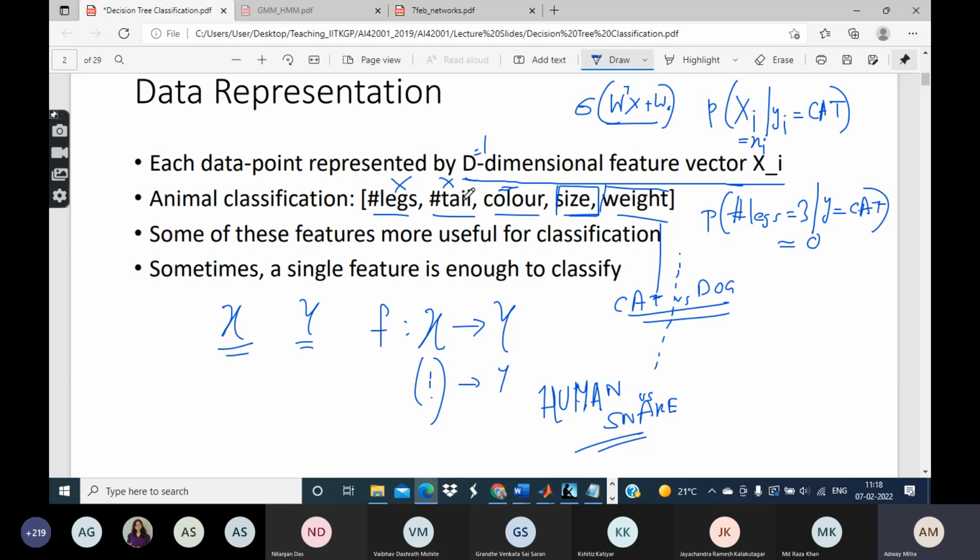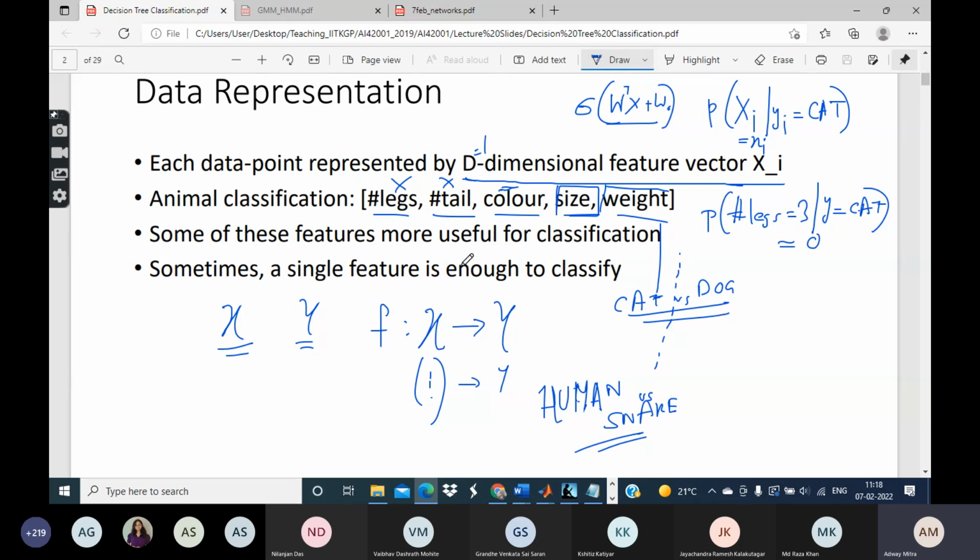That will depend on the exact context, the specific problem which we are trying to address. Ultimately, it boils down to whether we can use a particular feature to define a clear decision boundary between the classes. Okay.